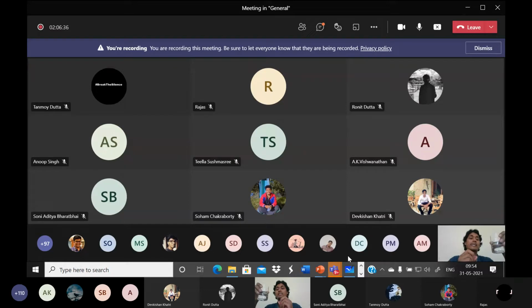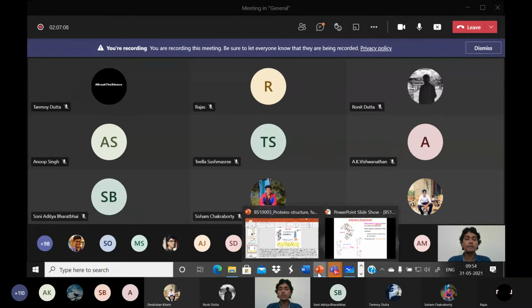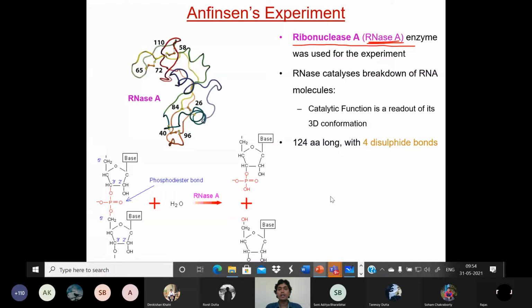That means it has the catalytic activity, and the catalytic activity will be there if it folded properly. It is not random. It needs to fold very precisely. Otherwise, just one amino acid mistake, one problem, will create a lot of problems. So in this case, what he is assuming, and that is right, is that if you are getting the proper function again, that means your protein got folded. Right. So those are the background knowledge you need to understand this experiment.